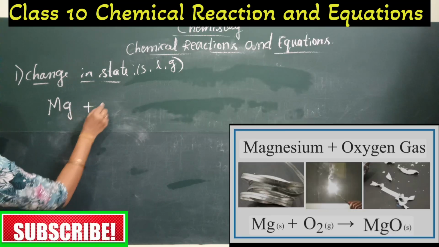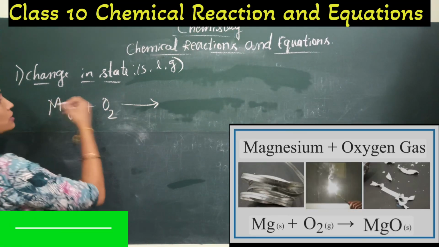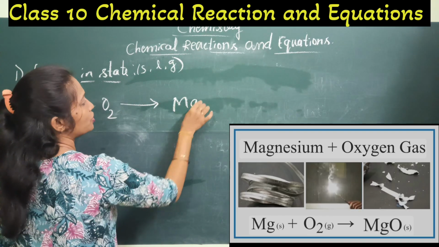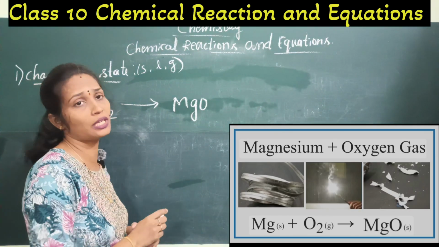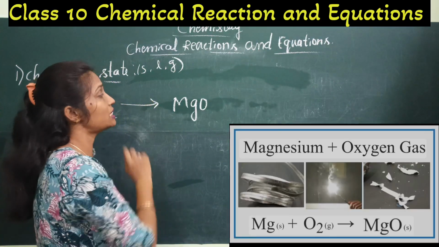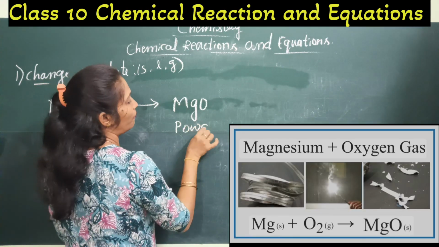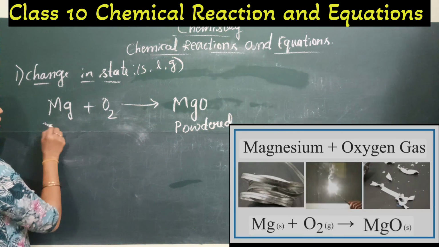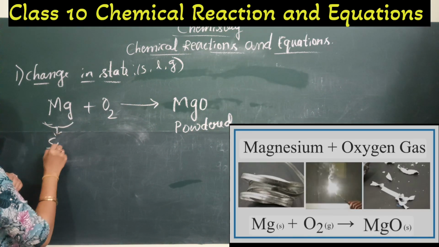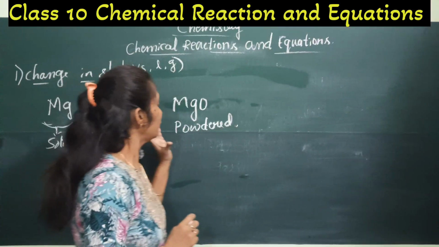When magnesium reacts with oxygen on burning, magnesium oxide is formed. This magnesium oxide is in powdered form, and this is in a solid ribbon.